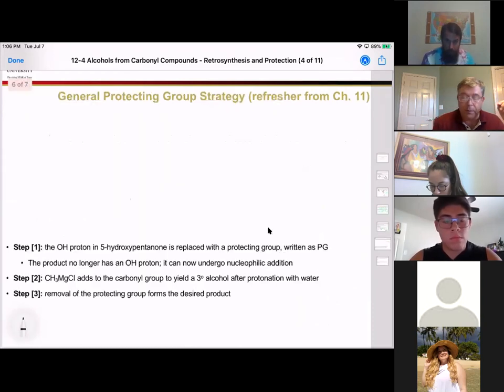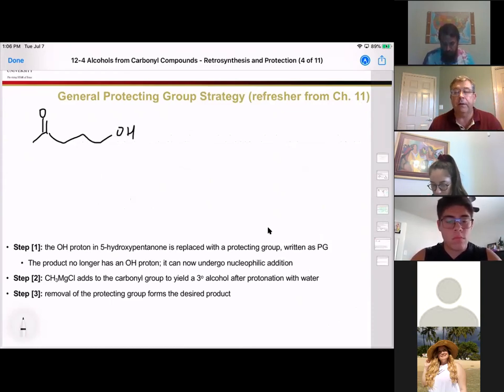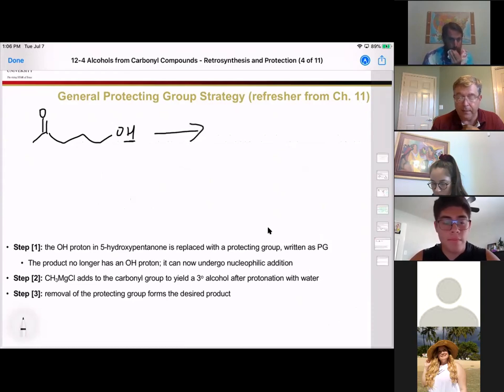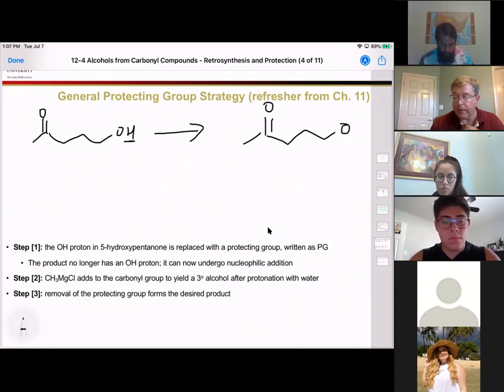Let's say we want to do that same reaction with that ketone we had before with that alcohol on it, and we couldn't attack it with our alkyl Grignard, or our alkyl metal group, because it would have reacted with this species here. So what we can do is protect that right here and turn it into something that will not react with that organo species right here.